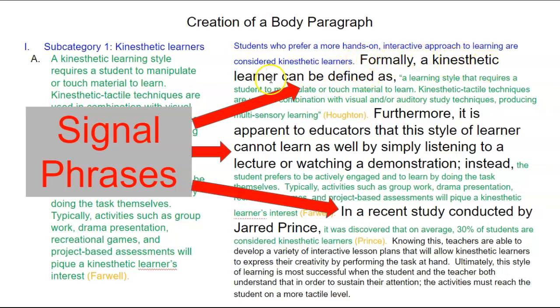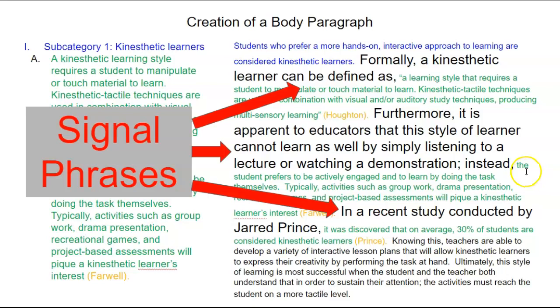Formally, a kinesthetic learner can be defined as, and then I have my quoted part. Then again, I have a transition phrase here. Furthermore, it is apparent to educators that this style of learner cannot learn as well by simply listening to a lecture or watching a demonstration.